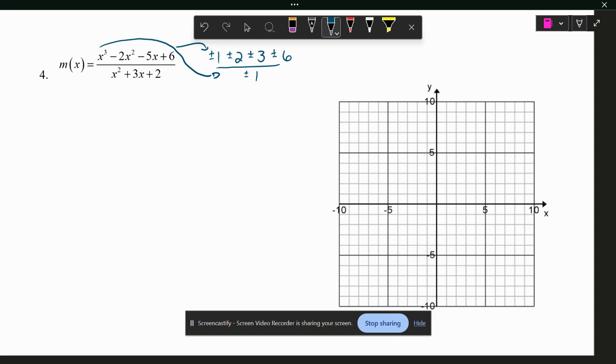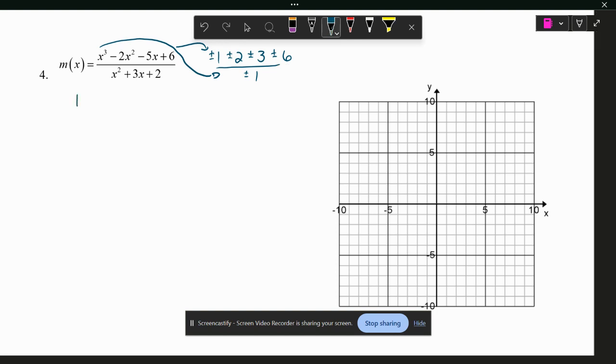You want to see which ones, when you plug them into the top, will give you 0. So if I plug in a positive 1, I get 1 minus 2, which is negative 1, minus 5, which is negative 6, and then plus 6. So 1 actually works right off.